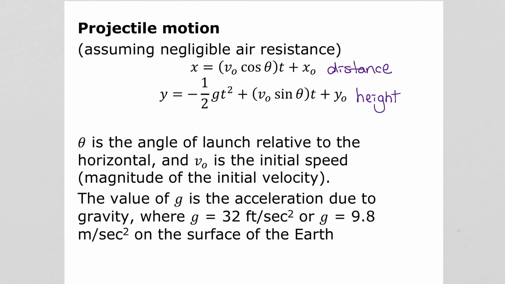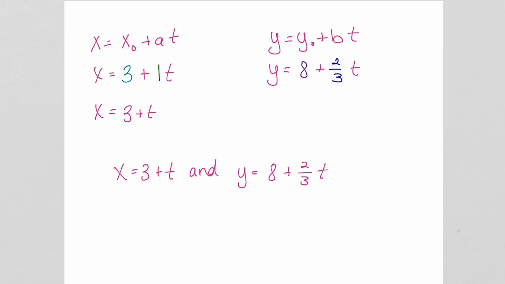So g is either, depending on whether you're talking about feet or meters, 32 feet per second squared or 9.8 meters per second squared. So you'll use one or the other of those in your formulas.